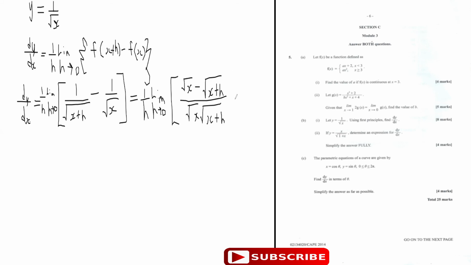Now when you get to this stage, you can tackle it in two ways, but the shorter approach is going to be to multiply by the conjugate of the numerator. So dy by dx is going to become 1 over h times the limit as h tends to 0 of... Let's work that out now.